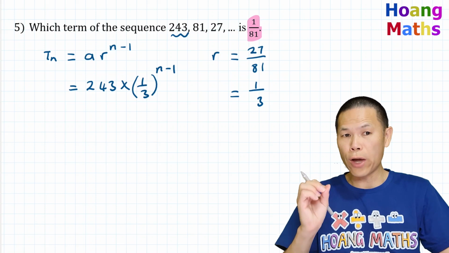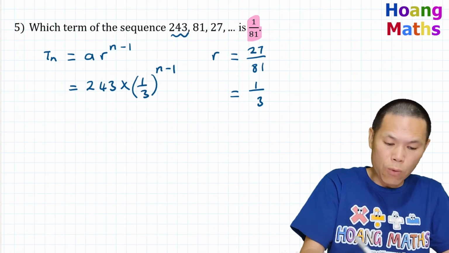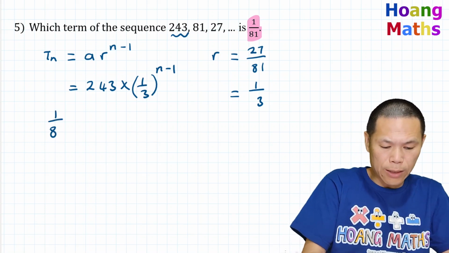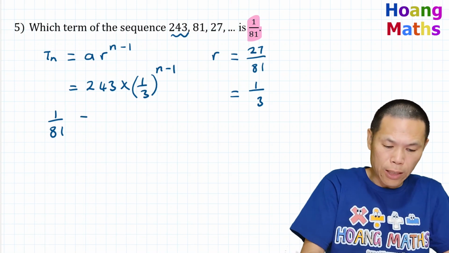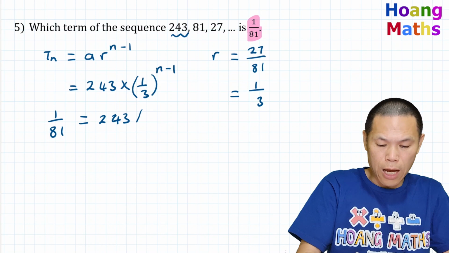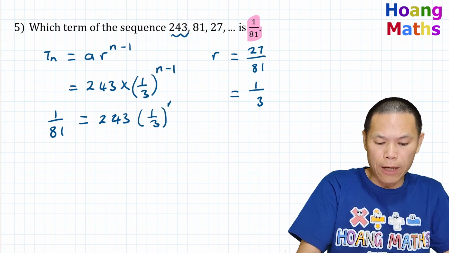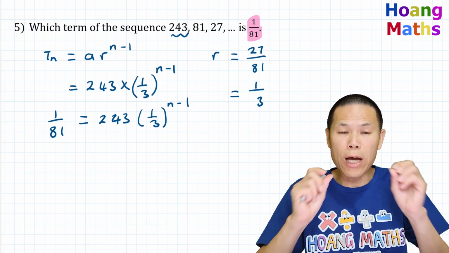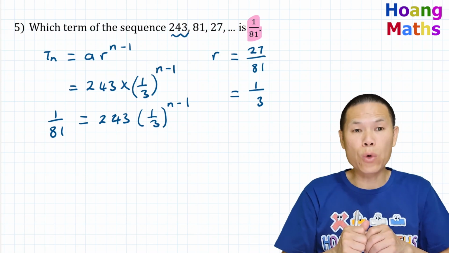So we need to solve for n. To do this, 1 over 81 is equal to T of n, so that will give me 243 times by 1/3 to the power of n minus 1. So I divide both sides by 243.